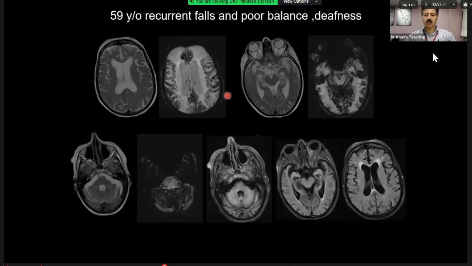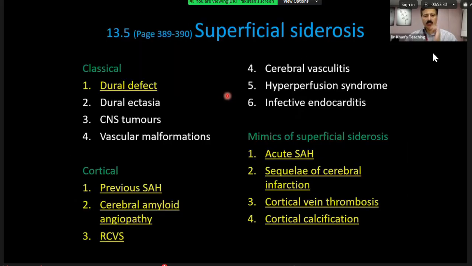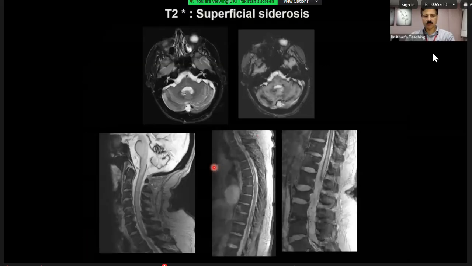We call it superficial siderosis, and this has now been included in Chapman. Previous subarachnoid hemorrhage is something to remember, which can be due to vascular malformation, CNS tumors, etc.